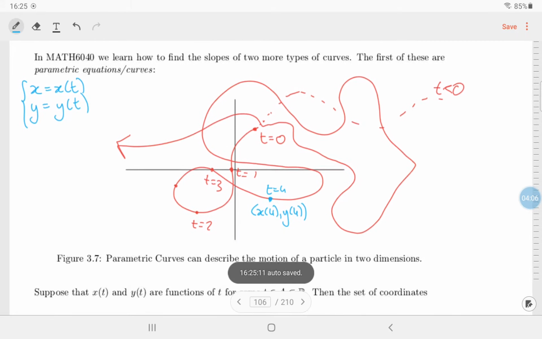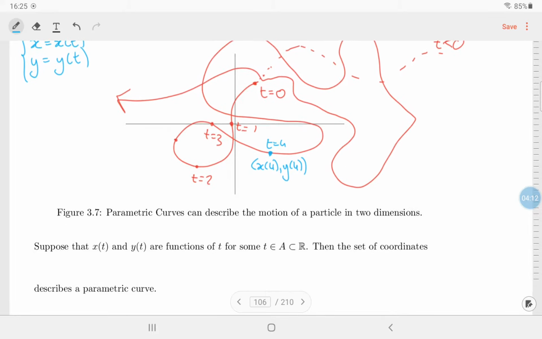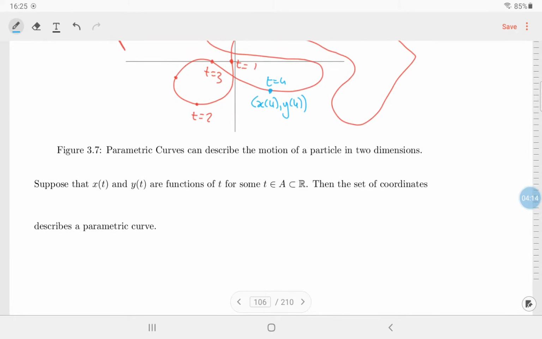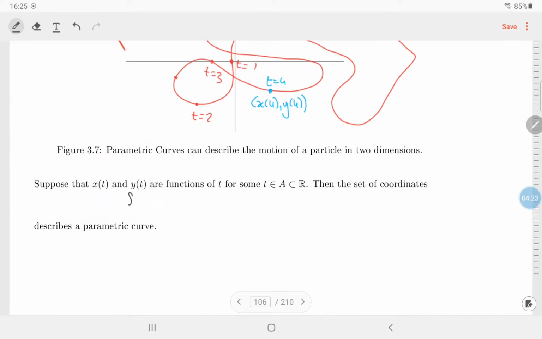Hopefully over the course of these examples, if that doesn't make sense yet, it will make more sense in time. So if x of t and y of t are functions of t, we get the set of coordinates x of t, y of t, as t runs over some set of possible inputs.